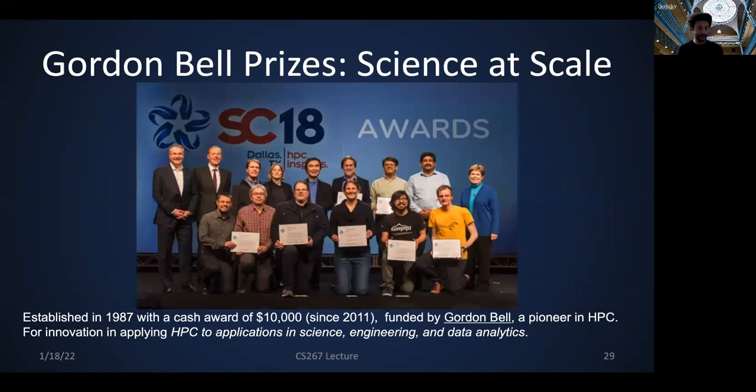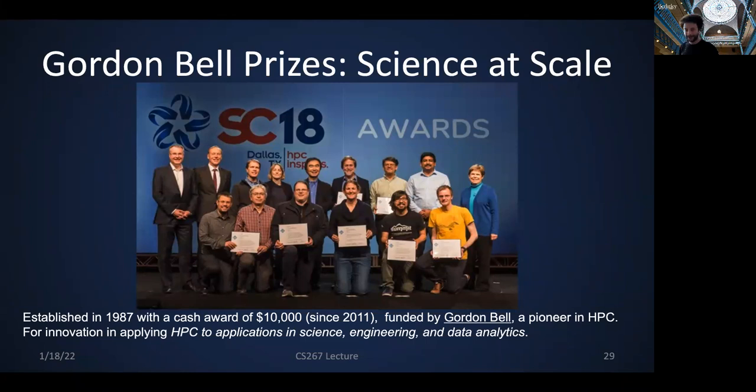I talked a lot about the Top500 ranking of processors, but there's another way of ranking things, which is the actual real application performance. Gordon Bell, one of the pioneers of HPC, back in the day said, if you can show me real speedups on a real application, I'm going to give you this amount of dollars.